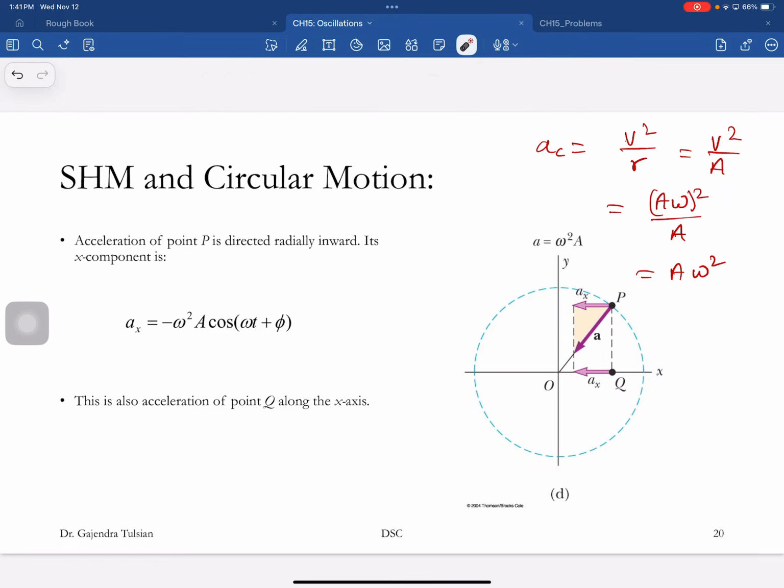So the magnitude of this acceleration is Aω². And if you calculate this component of the acceleration, it's equal to that, Aω² times cosine. That's what it works out to. And that's exactly the acceleration of the mass attached to the spring. So we're showing you that the projection of velocity and acceleration along this axis are the same as that for a simple harmonic oscillator.